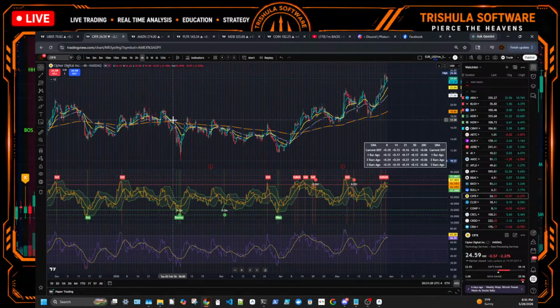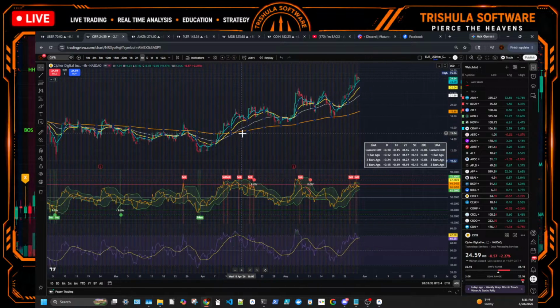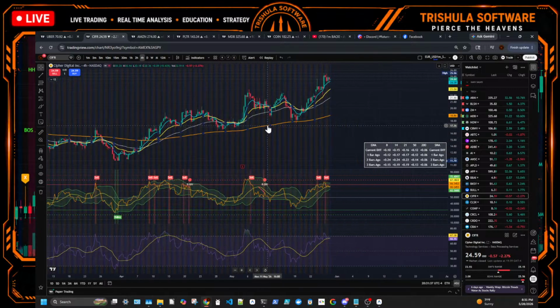If your 50 crosses below the 200, that's your death cross. And that's pretty much indicative of what type of trend you're in and what you should be looking out for. So every time I'm trying to trade Cipher, if I see this white line above this orange, I know I'm looking at calls.